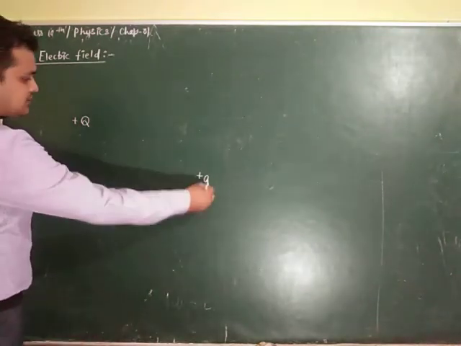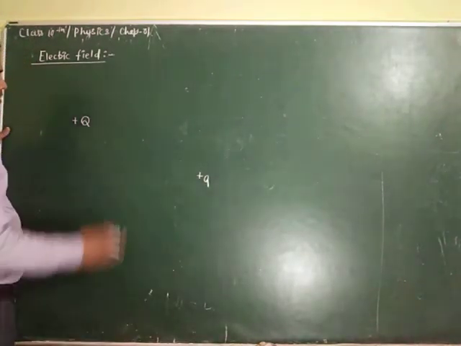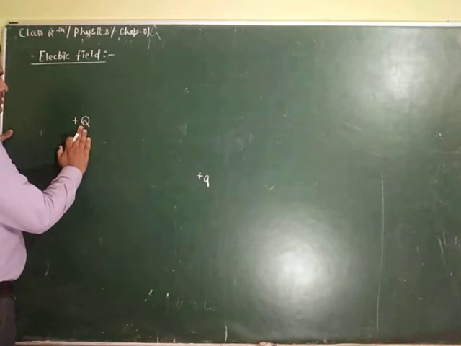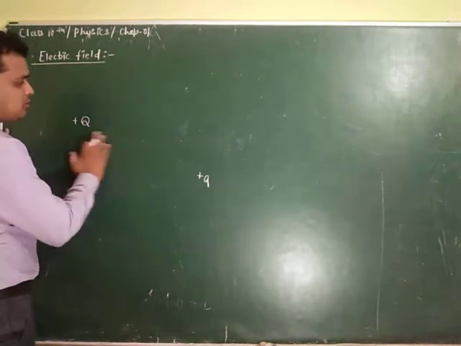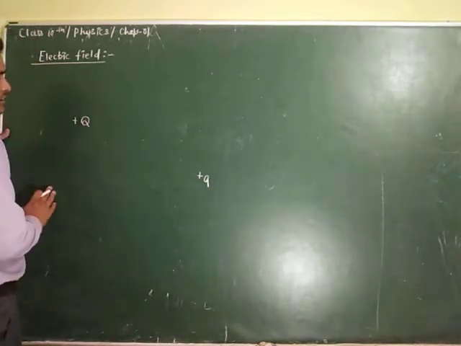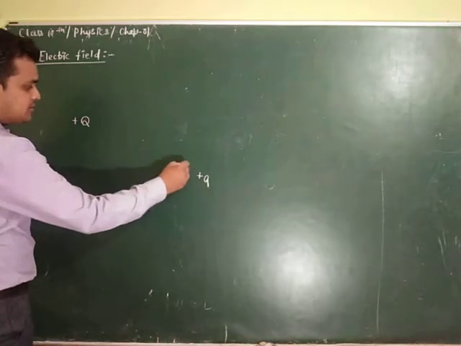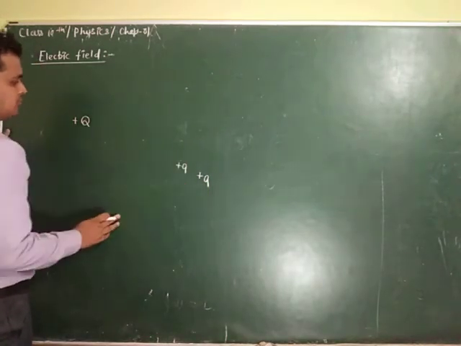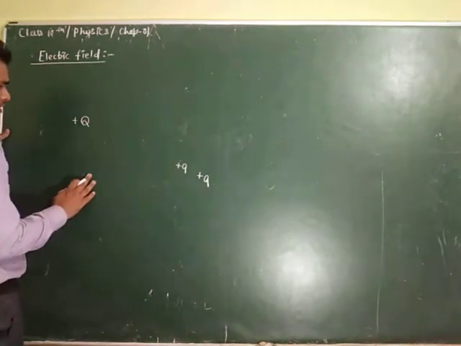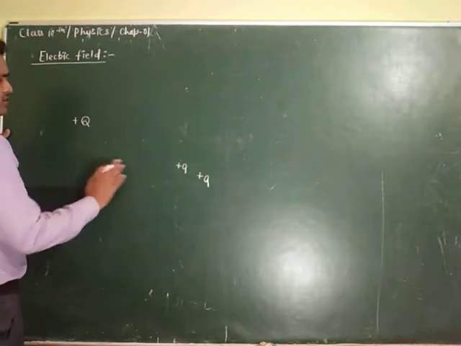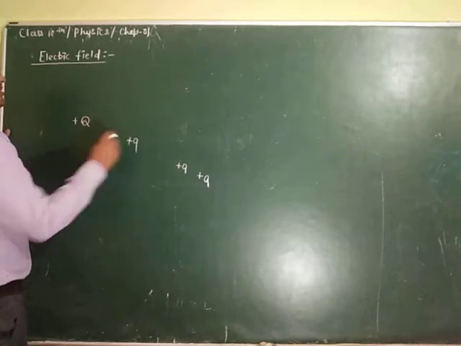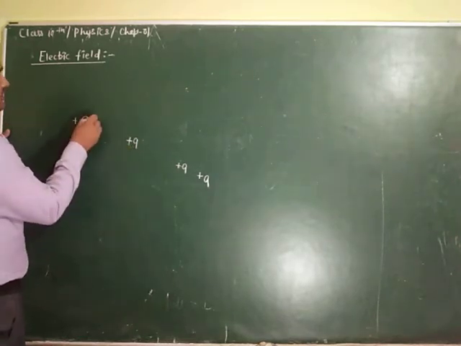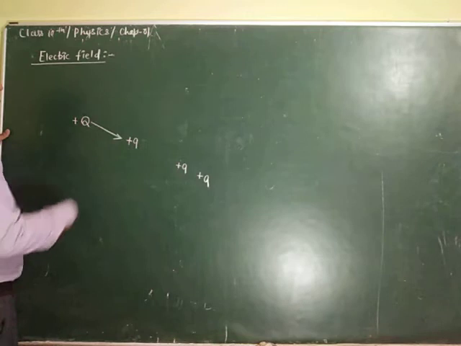When this small q is here, both of the charges are not feeling any interaction between them. Even when it reaches here, again it is not experiencing anything. But when this q just reaches here, it starts repelling. Why?